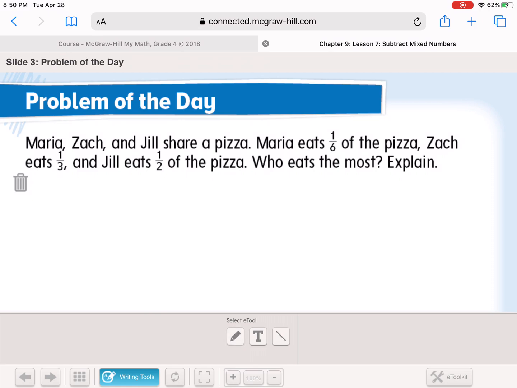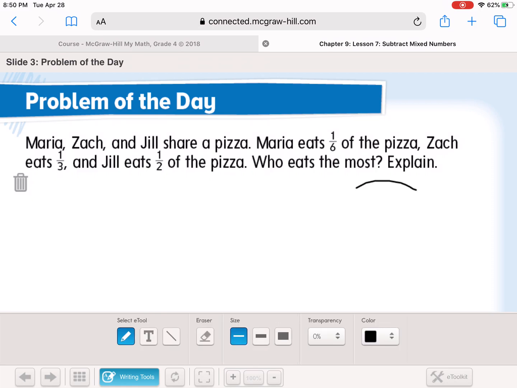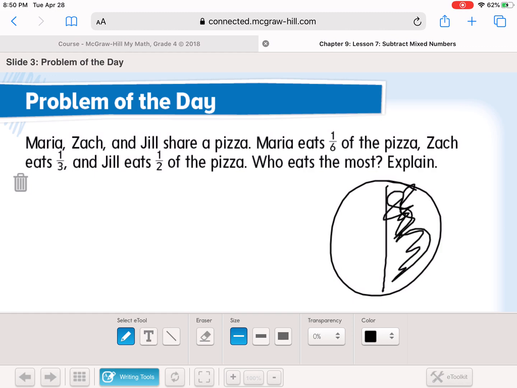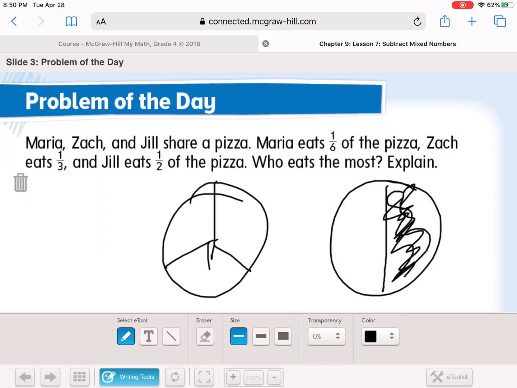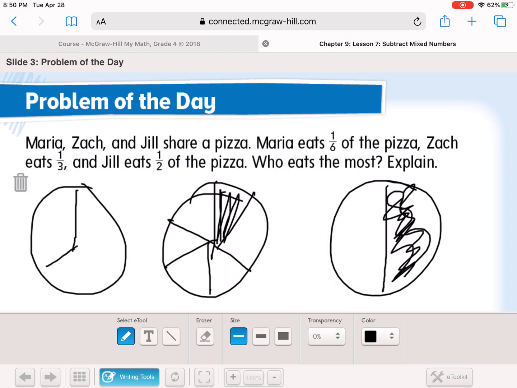So just because I have to do this because I'm a teacher, this is what Jill ate. Okay. Now Maria ate this. And then just for Zach, he ate this.